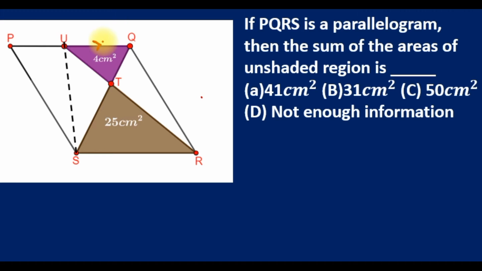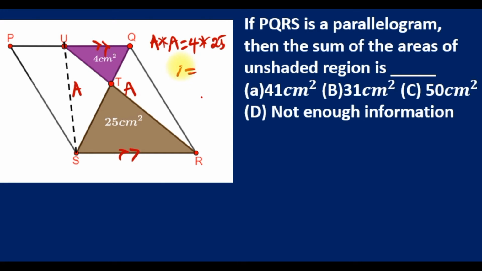So we have a trapezium in a parallelogram because this is a parallel side. In a trapezium, the area here and here are the same. So if here is A, here is also A. The product A times A will be equal to the product of 4 times 25.